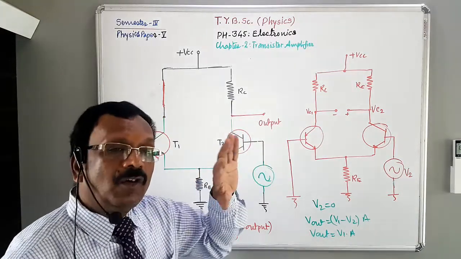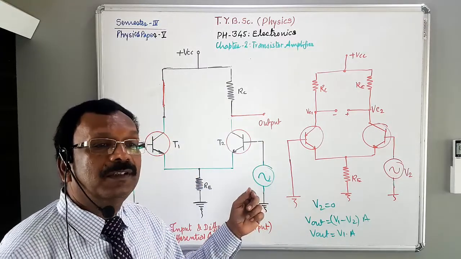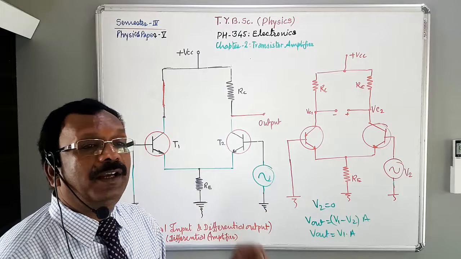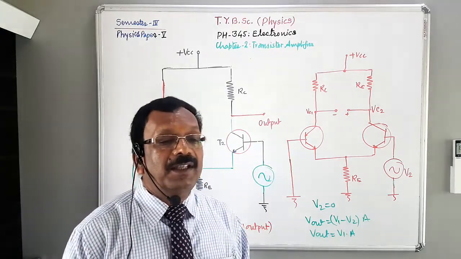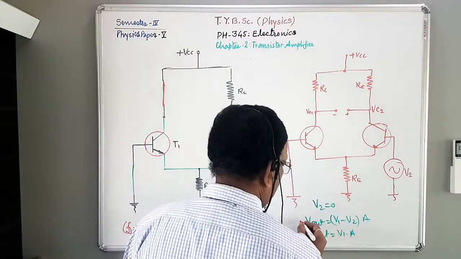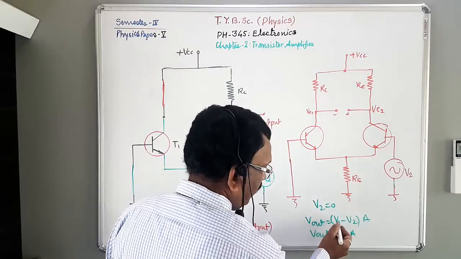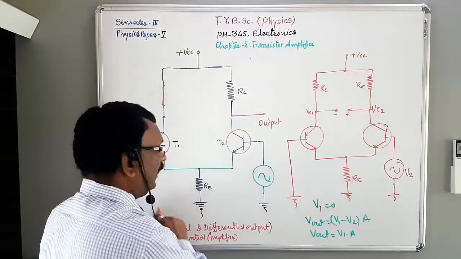Or we can say that in some cases V2 is active and V1 is grounded, as shown in both the figures. Now in this case, Vout, by using this formula, V1 is equal to 0, when V1 is directly connected to ground.